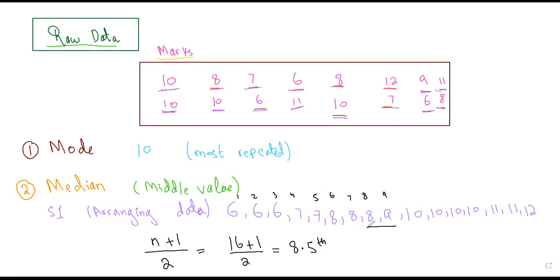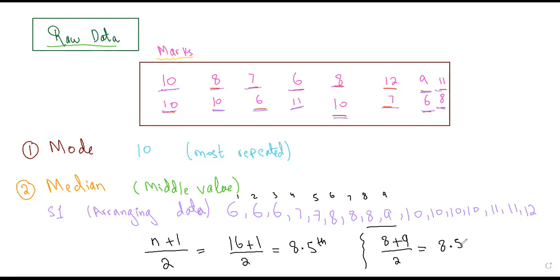We need to pick up these terms, and this is going to give me the median. Okay, please stay focused. It would be 8 plus 9 divided by 2. And what is the value of the median? 8.5.